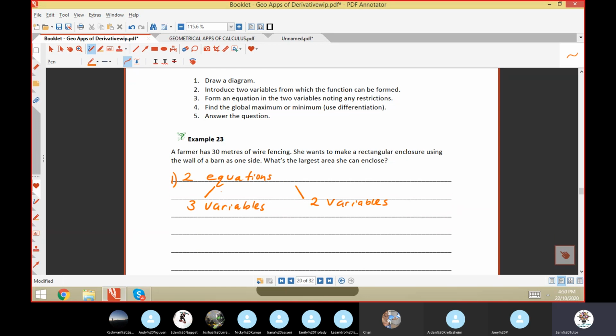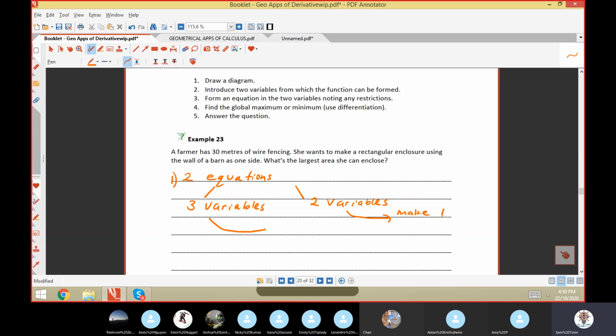From the 2 variables one, you're going to make 1 of the variables the subject. Does that make sense?